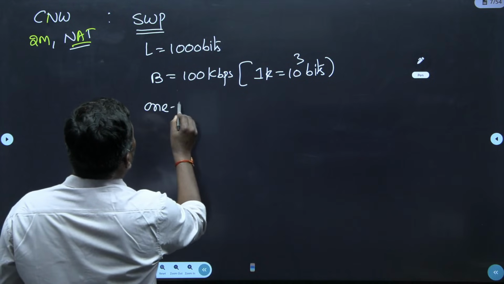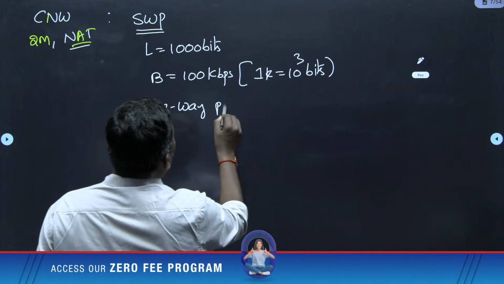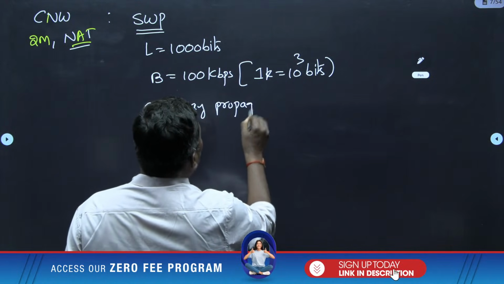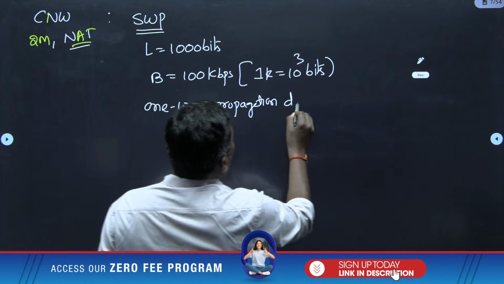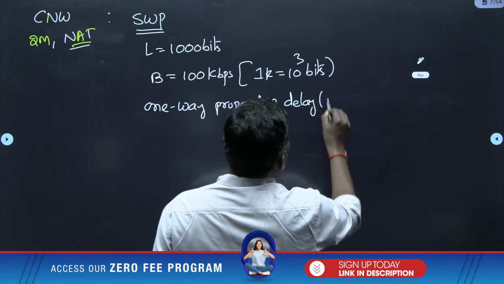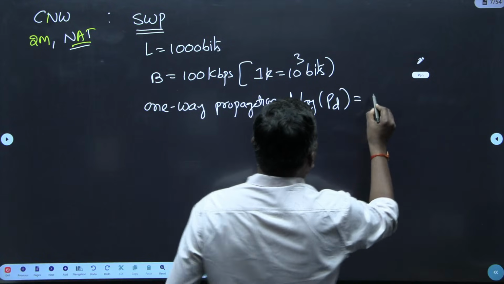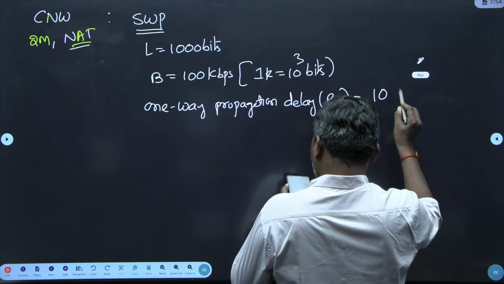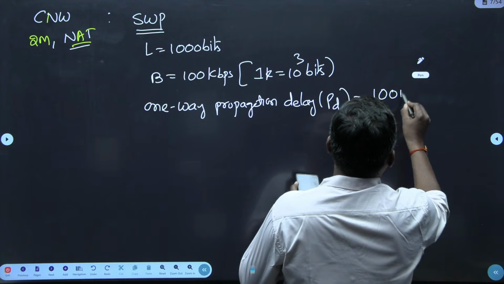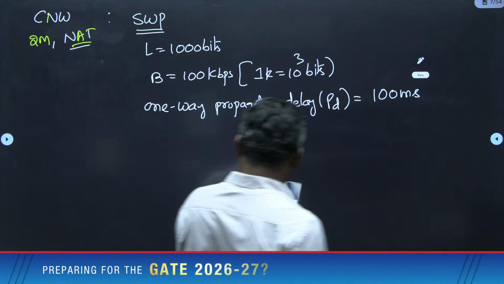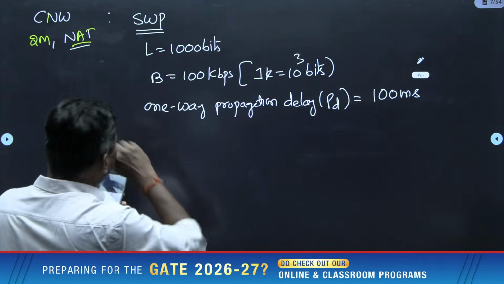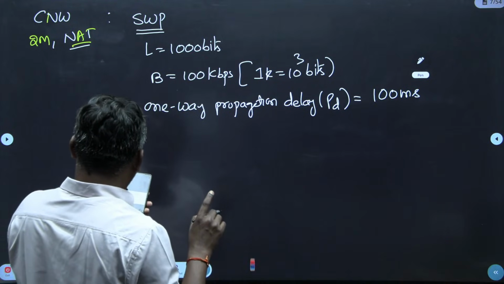One-way propagation delay, if I take P suffix D, is given as 100 milliseconds. This information is given now.